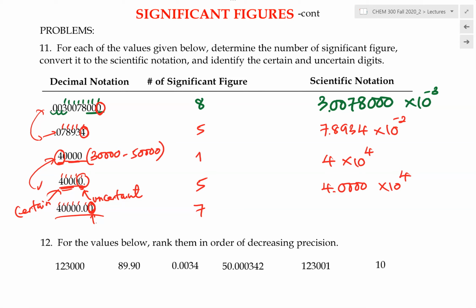So this value is more precise than the value above, and that value is more precise than the one before it. And when we convert this into scientific notation, it equals 4.0000 with the 2 extra 0s times 10 to the 4.